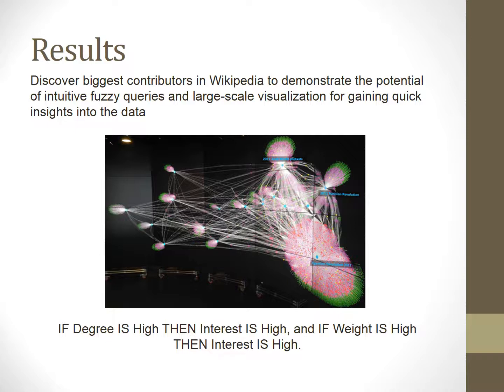Okay, so the second test case was to discover the biggest contributions in Wikipedia, to demonstrate the potential of fuzzy queries in large-scale visualizations for gaining quick insights into the information. So again, the fuzzy query is at the bottom. If the degree is high, then the interest is high. If the weight is high, then the interest is high.